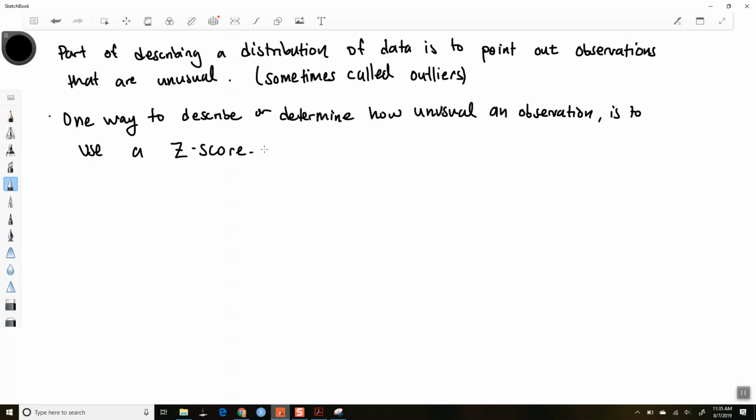And a z-score is how different an observation is from the mean, but that difference is expressed in standard deviations, okay?